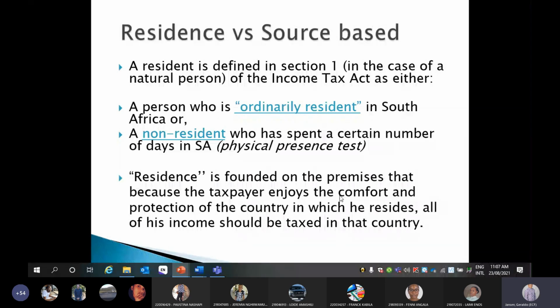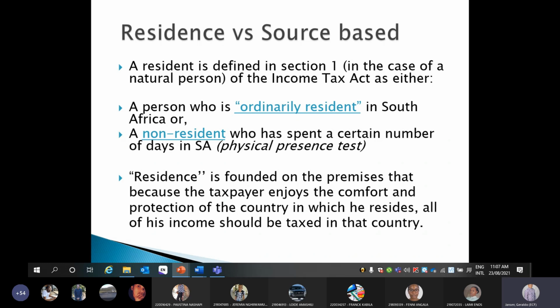Now, residence is founded on the premise that because the taxpayer enjoys the comfort and the protection of the country in which he resides, all of his income, so his worldwide income, should be taxed in that country.